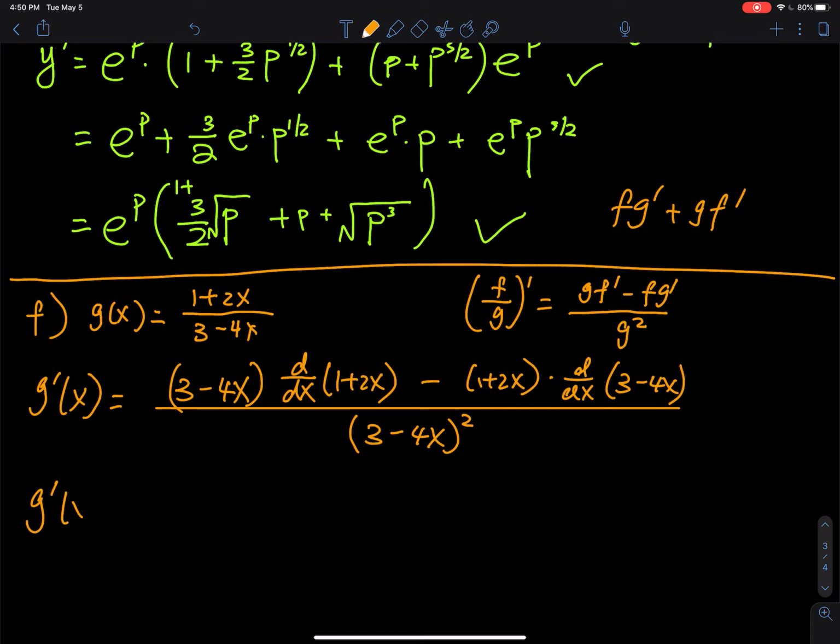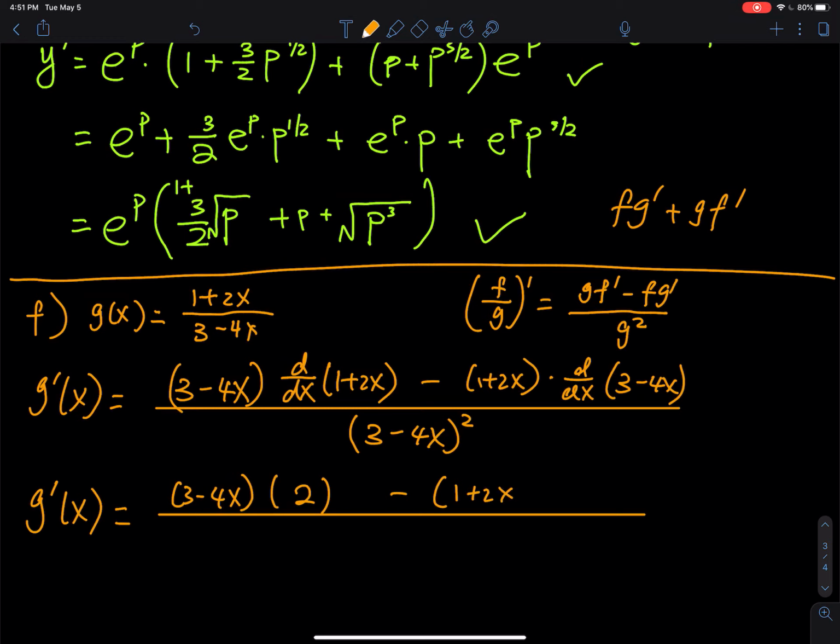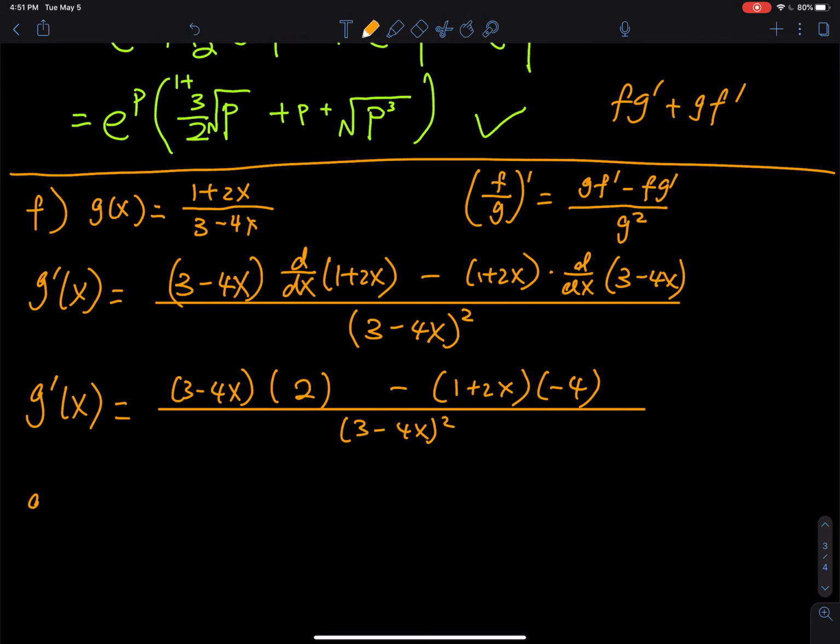So g prime of x is equal to 3 minus 4x times, that will be a 0 plus 2, right? Because the slope of 1 plus 2x is just a 2. Minus 1 plus 2x times the derivative of that linear function, which is negative 4, divided by the denominator. And then you open up the top.